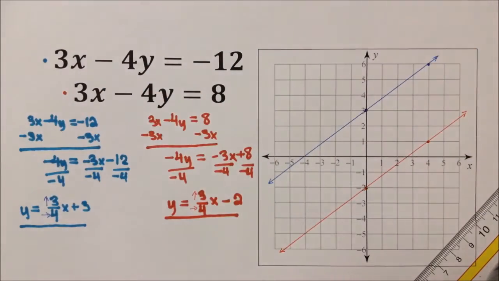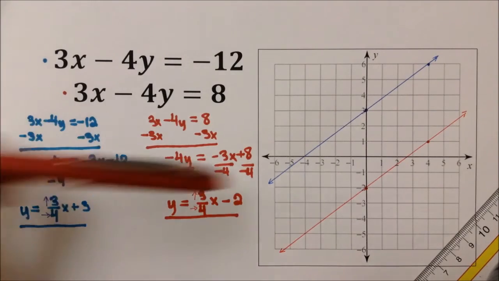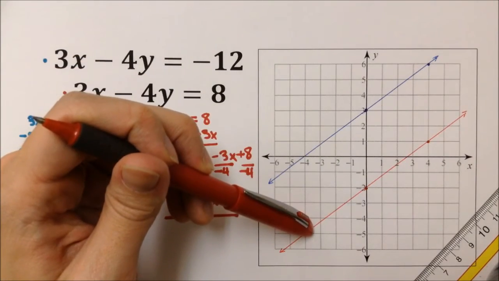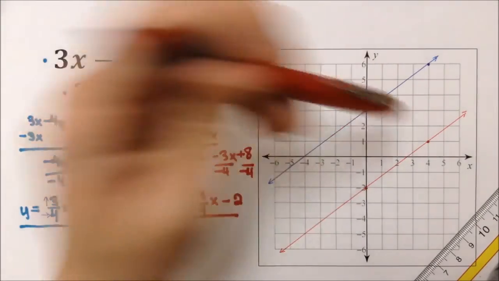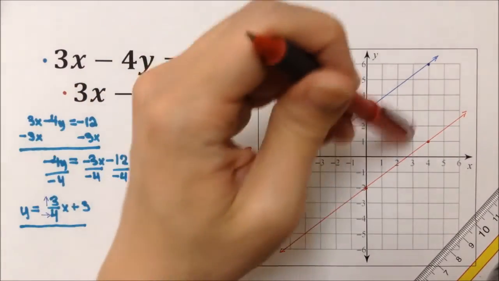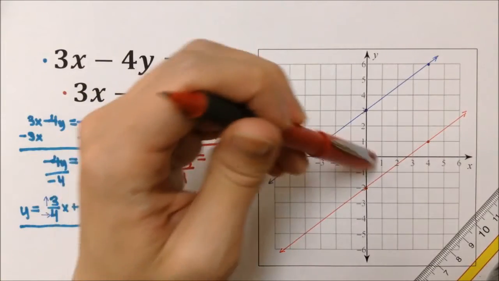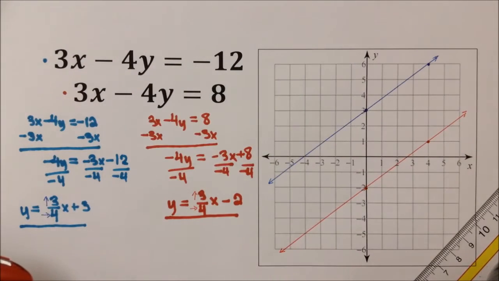Alright, looking at the graph, I notice that these two lines don't intersect, and as I look closer, it seems that they have the same equal distance between the two lines, so that means they're parallel. So let's take a look at the slope-intercept form.